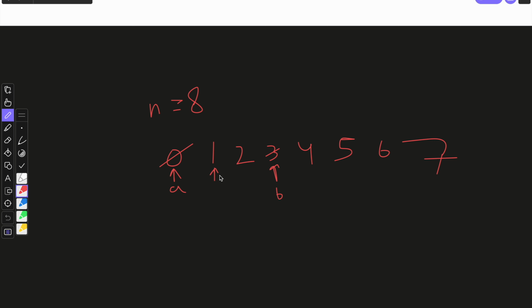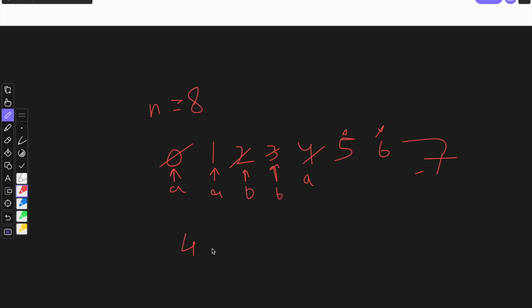When Alice picks 1, Bob picks 2. When Alice picks 4, then what will Bob pick? 5 is not going to be picked by Bob and 6 is not going to be picked by Bob, as we saw in the previous test case. So let's see if we can pick 7 or not.